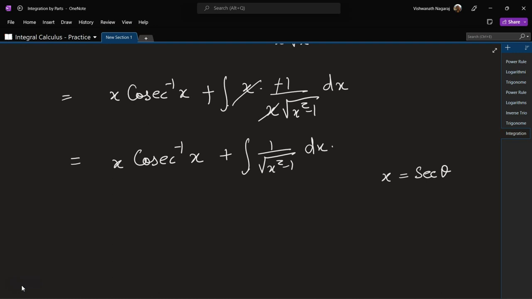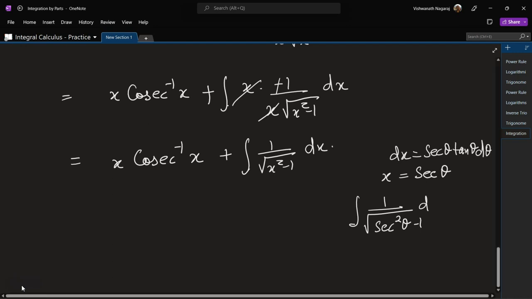So this will become integral of 1 by square root of sec square theta minus 1, and dx would be what? Here dx would be, the derivative of sec theta is sec theta tan theta d theta.